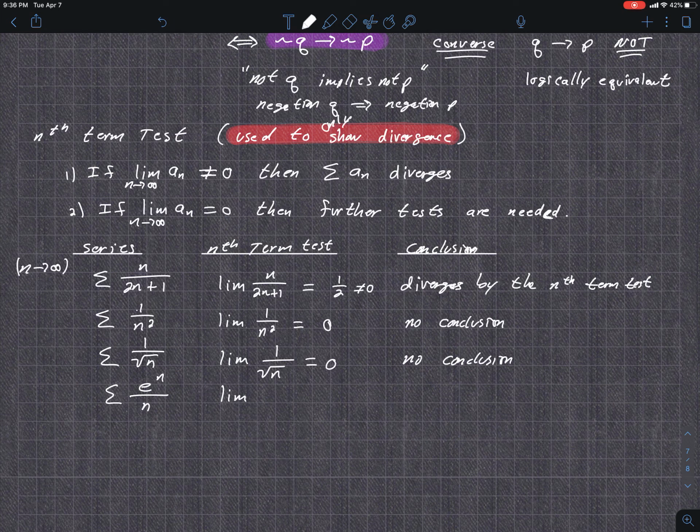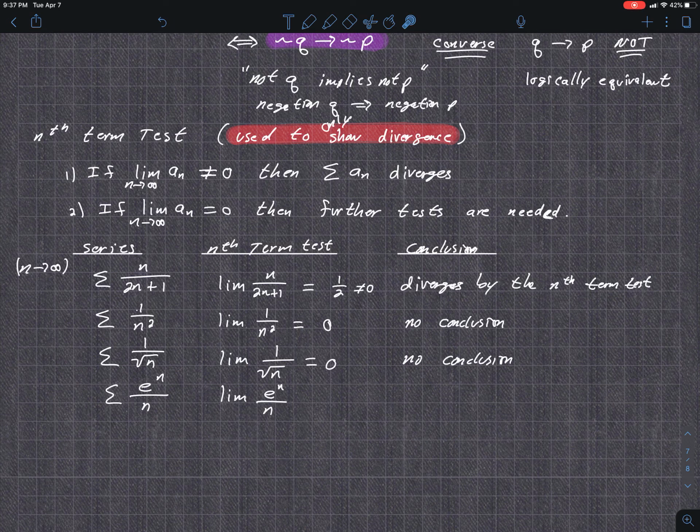And then this one, how could you prove this one? If you look at e to the n over n, one way to interpret it is knowing that e to the n grows much faster than n, so this is going to take off to infinity. It's not even approaching a finite number.